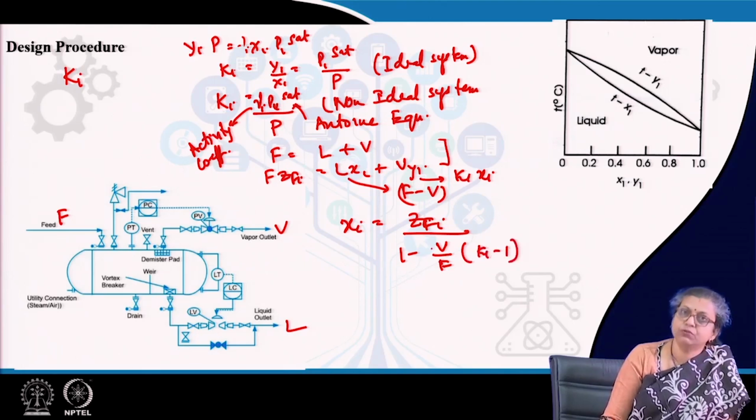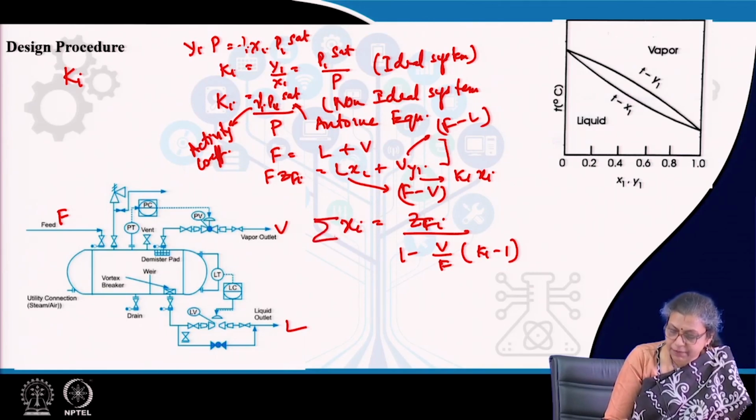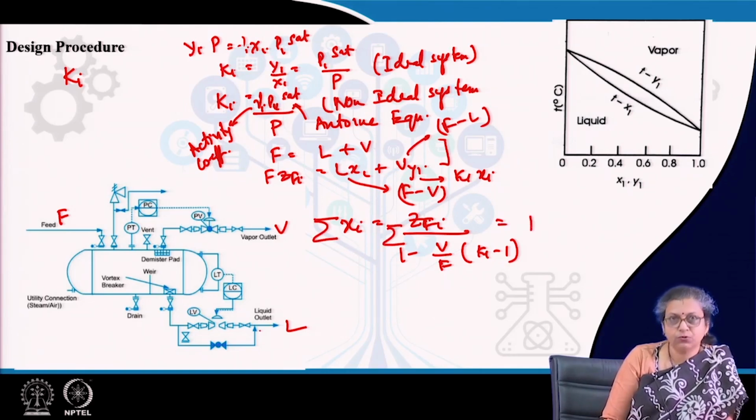Instead of V by F, you can also write it down in terms of L by F. In that case, you have to just substitute this with F minus L. So, therefore, for each composition if we write down, and we know that sigma Xi has to be equal to 1, which automatically implies that this has to be equal to 1.